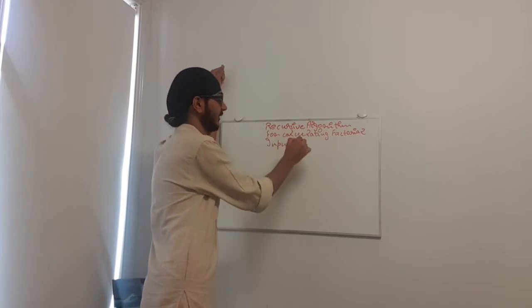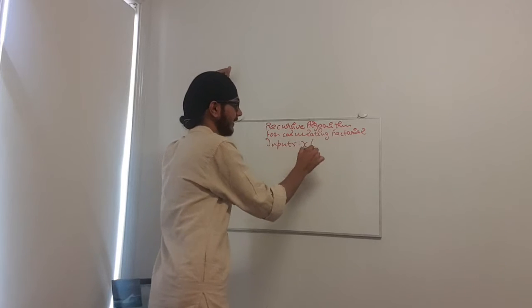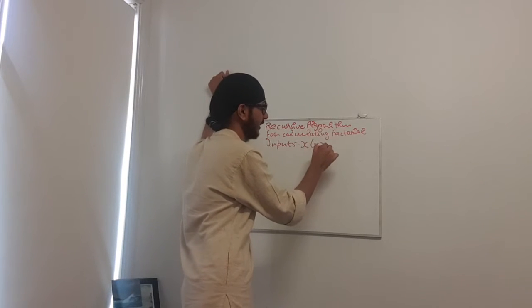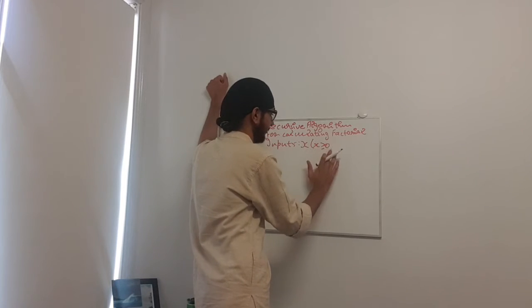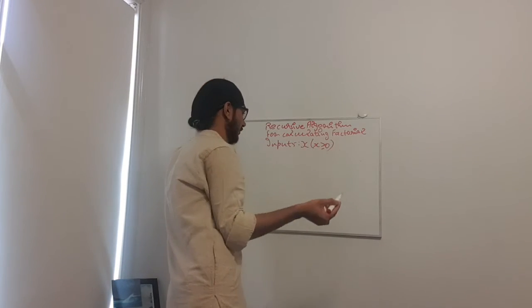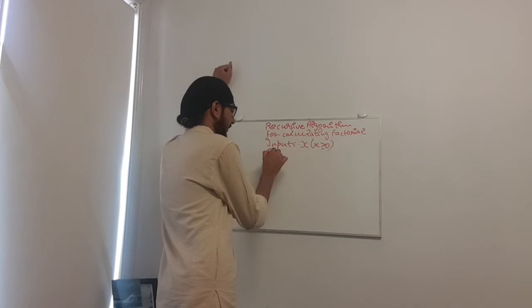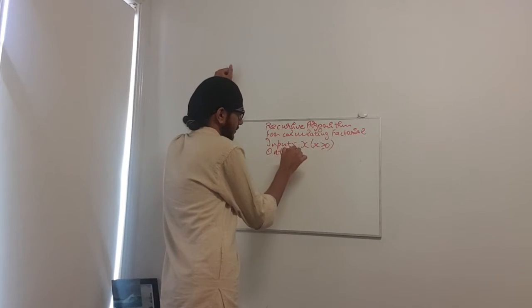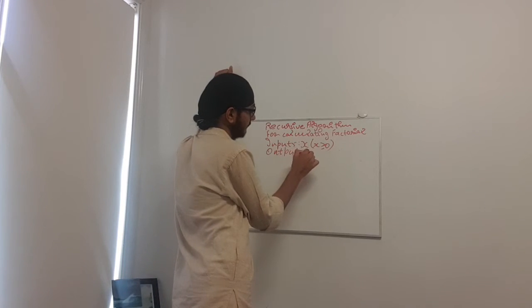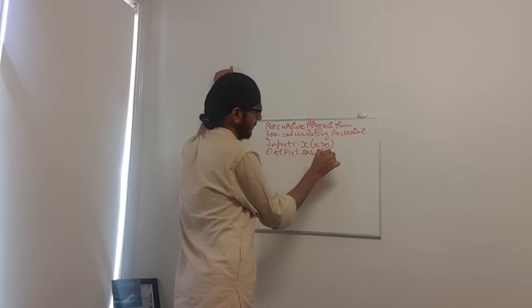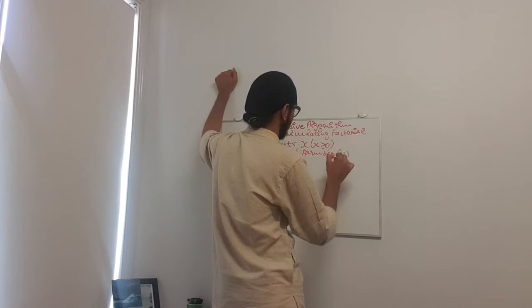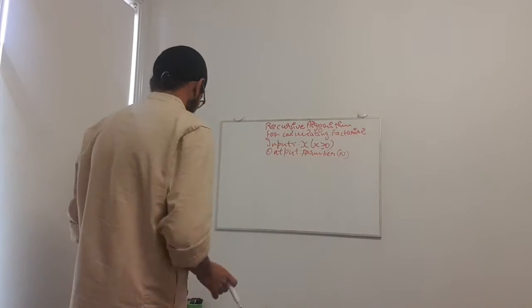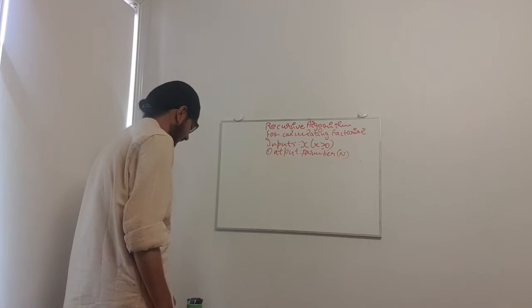Input is any number, say x, where x is greater than or equal to 0, which we can simply say is a natural number. The output will be a number, which of course will be a natural number. This is it, and now let's write the steps for doing this.